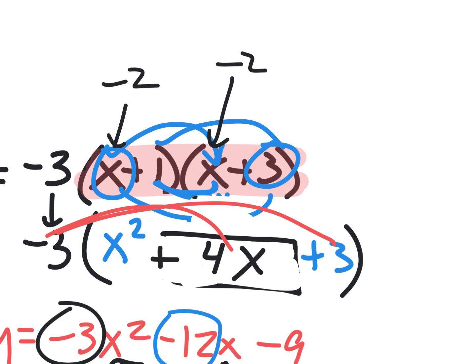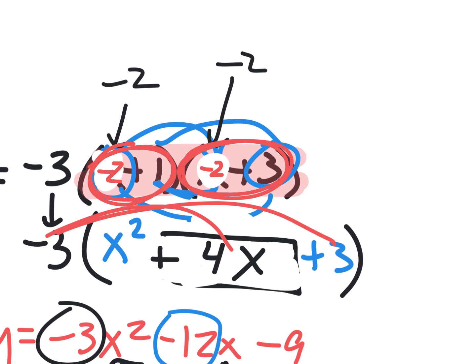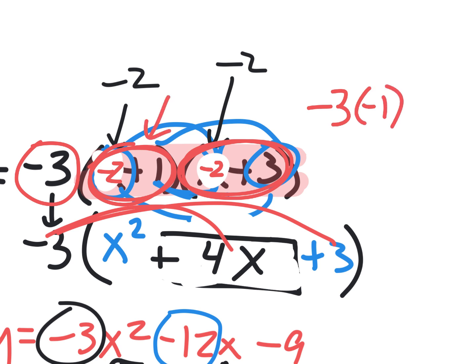So let's see what we would have if we put negative 2 in there, because I'm trying to finish off this vertex. Here's my negative 2 going in there, and I get negative 1 and positive 1, and I still have negative 3 at the beginning. So negative 3 times negative 1 for this part, and then this part was positive 1, and that makes 3.